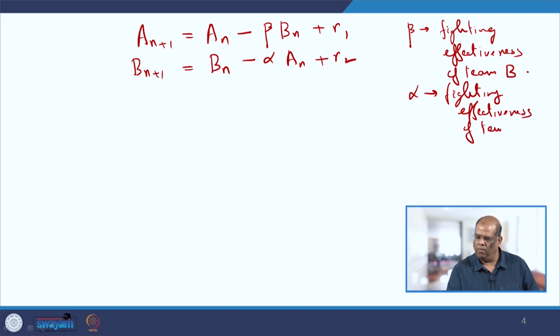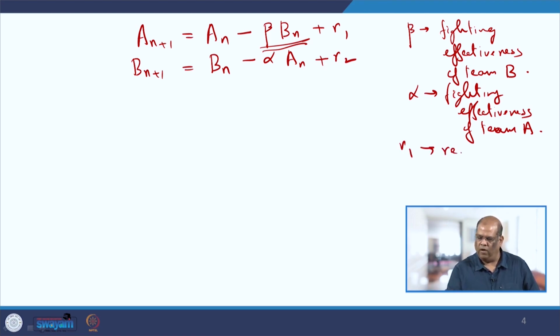When two teams or two groups of enemies are fighting each other in combat, the loss of one team depends on how efficient the soldiers of the other team are. The loss of soldiers of team A will depend on the effectiveness of the soldiers of team B, and similarly the loss of team B will depend on the effectiveness of the soldiers of team A. Now, what is this R1?